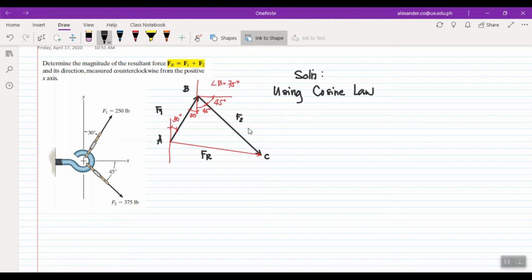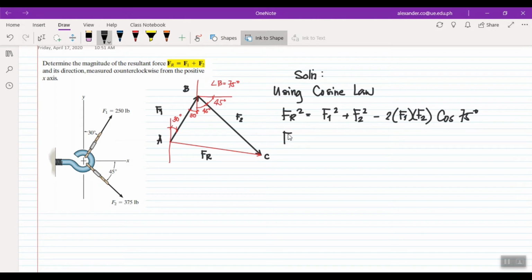Okay? So, ito, FR squared, yan yung hinahanap, equal to F1 squared plus F2 squared minus 2 times F1 times F2 cosine 75 degrees.